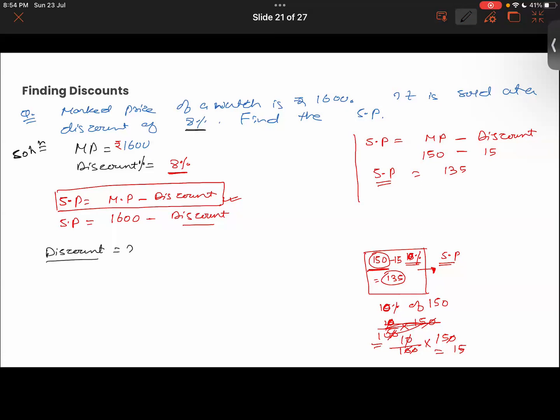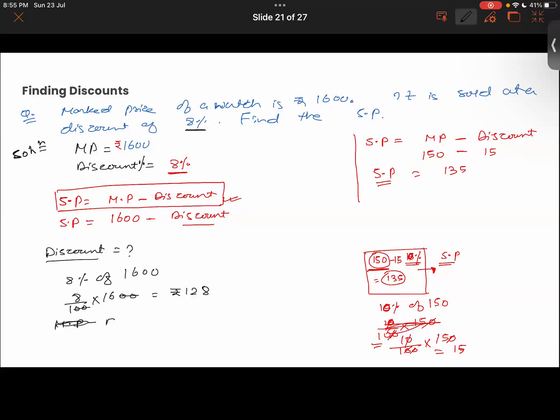Let's find it out. It's given as 8% of 1600, right? So that is 8 upon 100 multiplied by 1600, right? So that is rupees 128. So 128, you have to subtract it from the mark price.